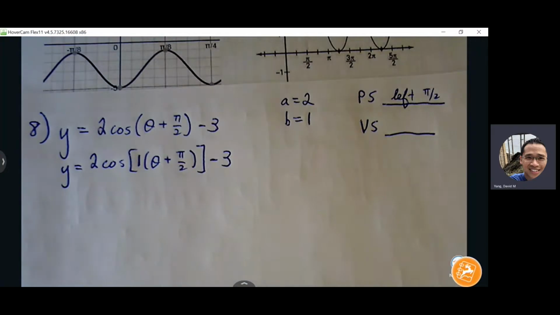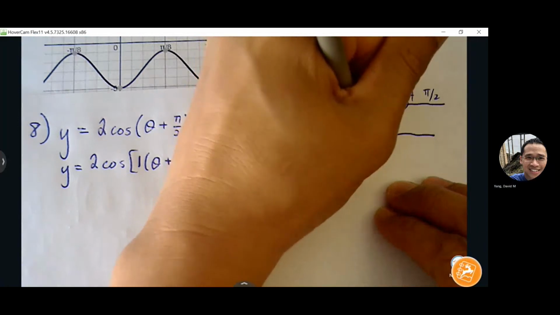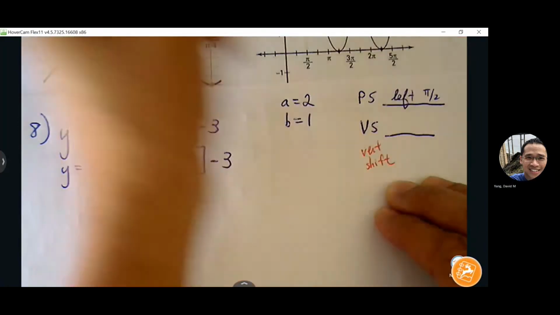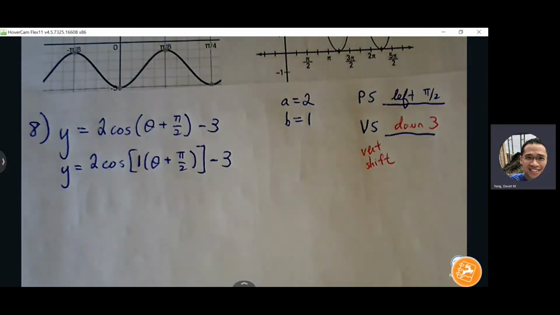VS is going to stand for vertical shift. What's our vertical shift here? Yeah. Okay, we'll do that at the very end, okay?